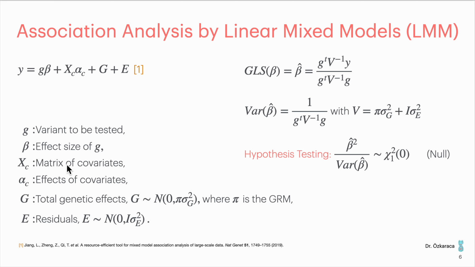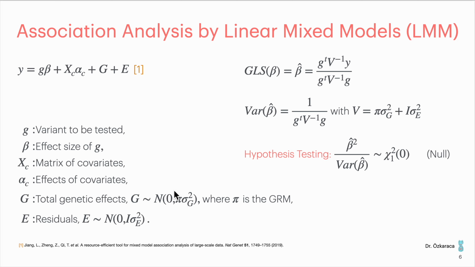And we have a matrix of covariates, which I will explain in the next slide. These are fixed effects that correct for the confounding structure that I was presenting in the previous slides. And alpha C are their effects. And G is the total genetic effects, which is distributed as a normal distribution around 0, with variance pi times sigma G square, where pi is the genetic relationship matrix.